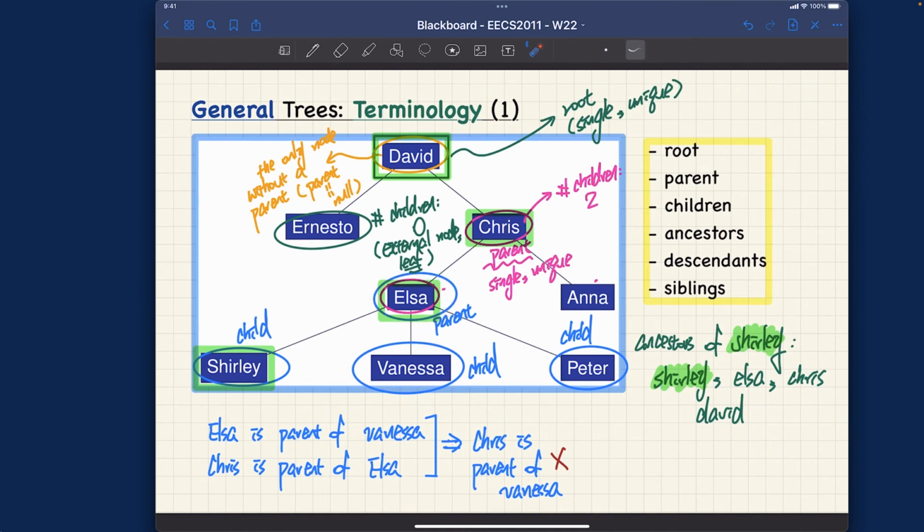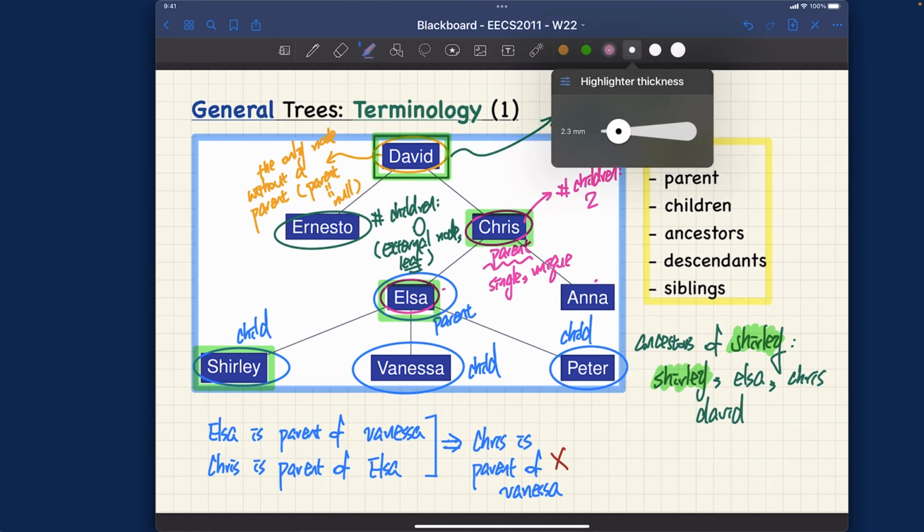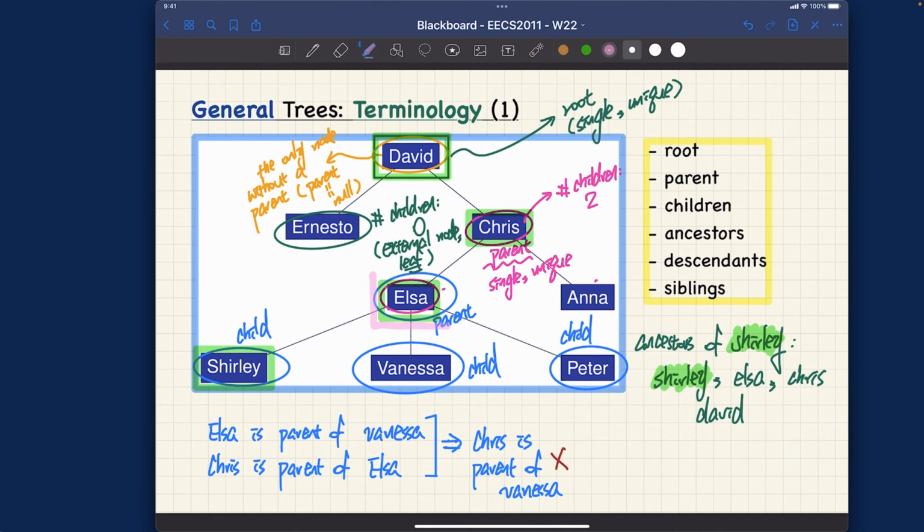Let me use the pink over here. Well, who will be the descendants of Elsa? It will be Elsa herself and also her children, which will include Shirley and also Vanessa and also Peter over here. So these are the four nodes over here, right?